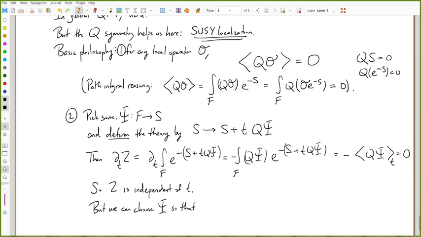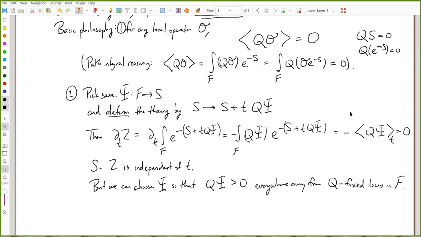So the best that we could hope to do is to arrange that Q psi is positive, not everywhere, but everywhere away from the zeros, away from the Q fixed locus in F. I don't know a universal way of doing this, but in specific examples, for example in this N equals 2 super Yang-Mills theory, you can find a psi with this property.